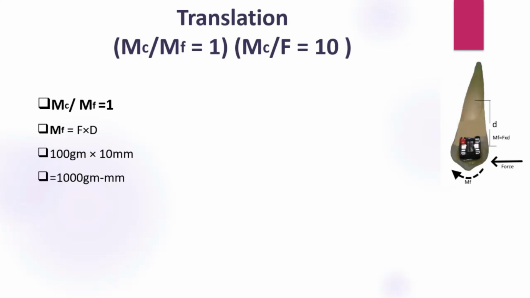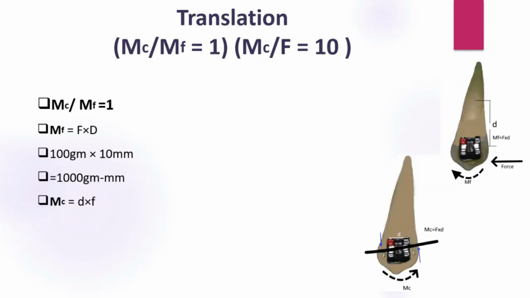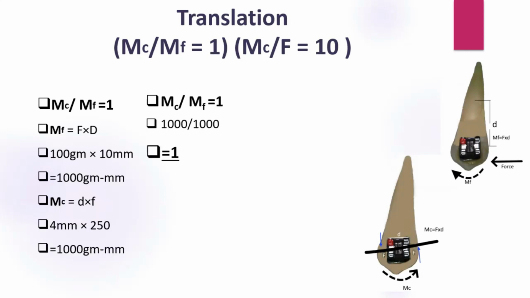For bodily retraction, as we have decided a fixed mesiodistal width of the bracket, that is 4 millimeter, we need 250 gram of force for the counter movement, that is the moment of couple. So as the moment of couple and moment of force are the same, the outcome is equal to 1 and the canine would be retracted bodily.